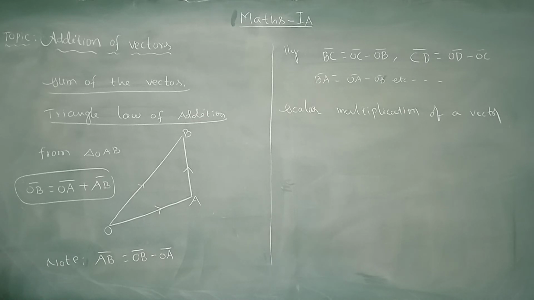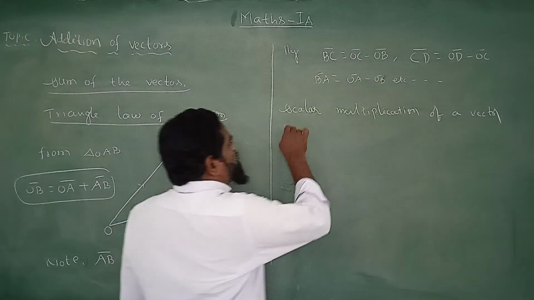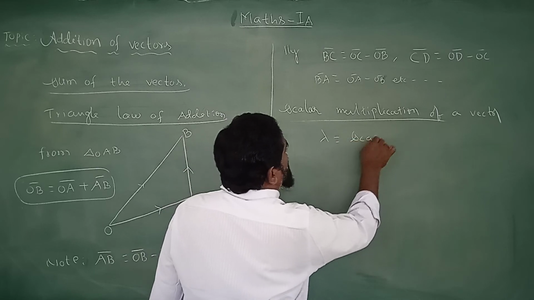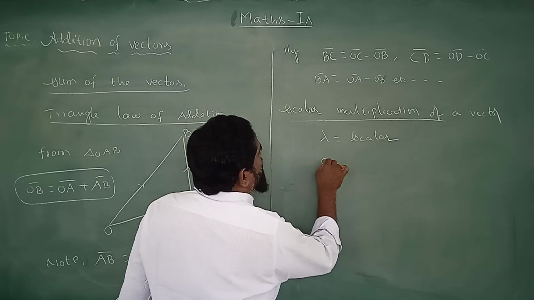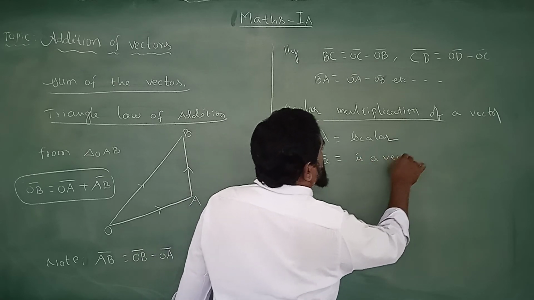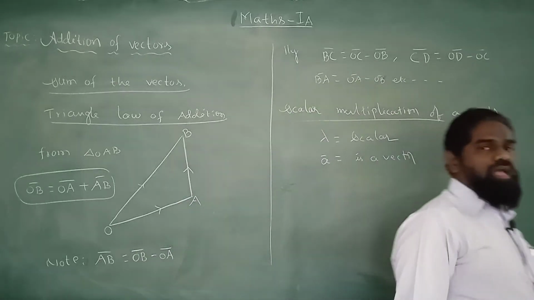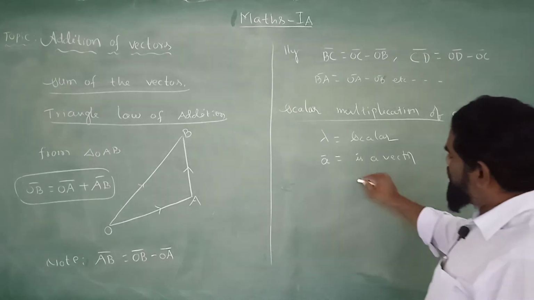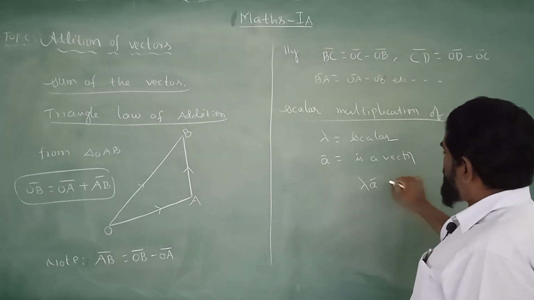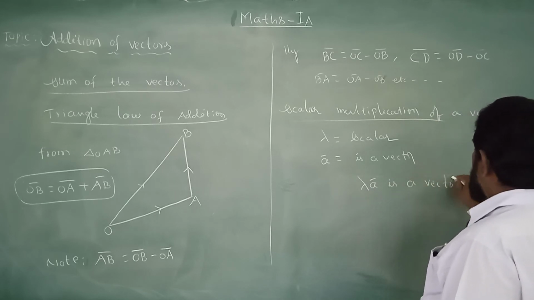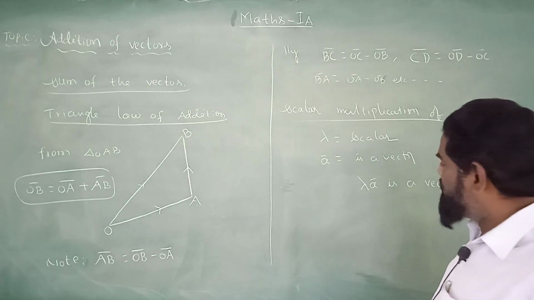Listen, one important thing. Suppose lambda is a scalar and a bar is a vector. Then lambda a bar is a vector. This is the scalar multiplication.